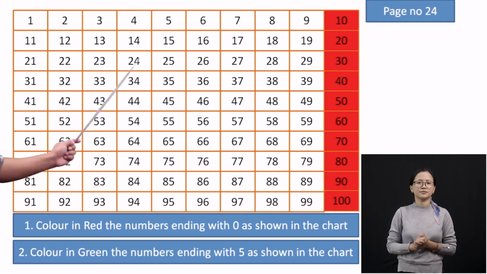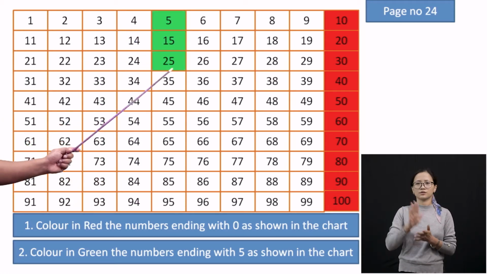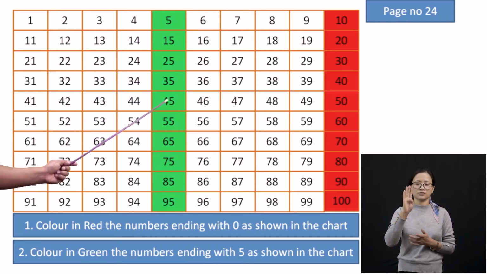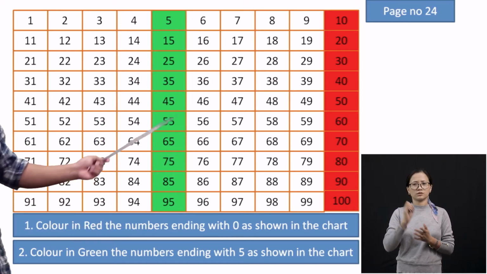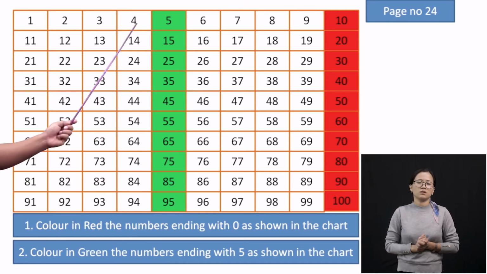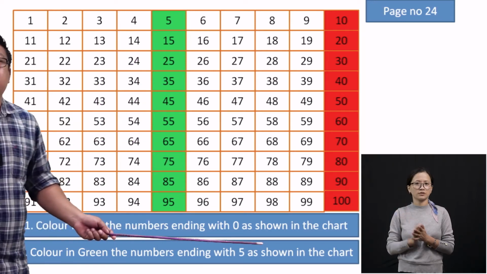So we will color them as green. Okay, children? So this is also skip counting by 10, because there's a difference of 10 in all of them. All right?